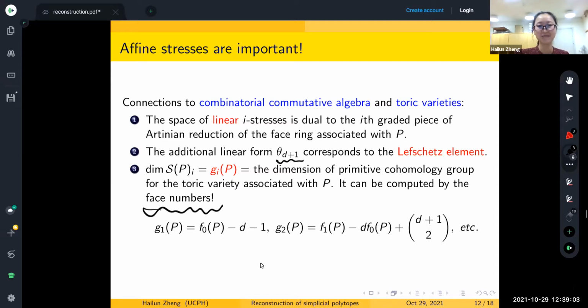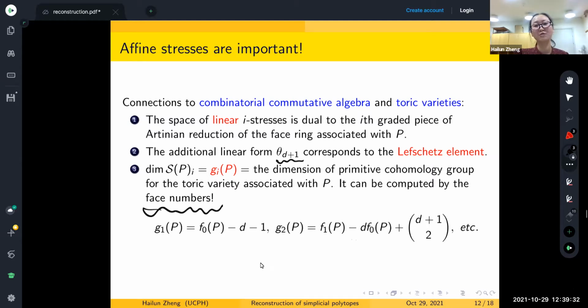Okay, so that makes sense because you remember the space of affine stresses describes the affine dependencies, right? And g2 is more complicated, but basically g2 is defined by the number of vertices and number of edges, and it looks like this. It is highly non-trivial that the number of edges minus d times the number of vertices plus d plus 1 choose 2 is greater or equal to 0. It has to be because it is a vector space, right?